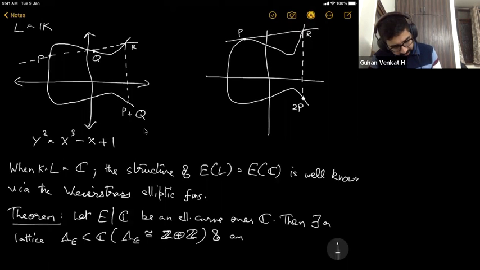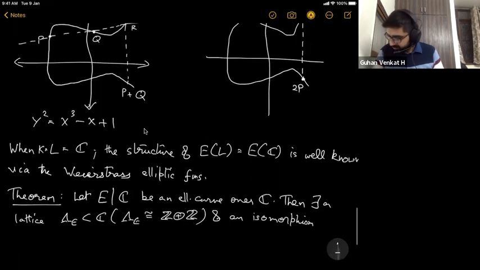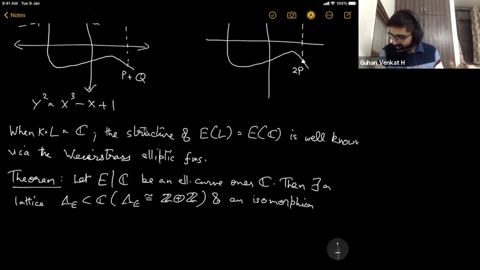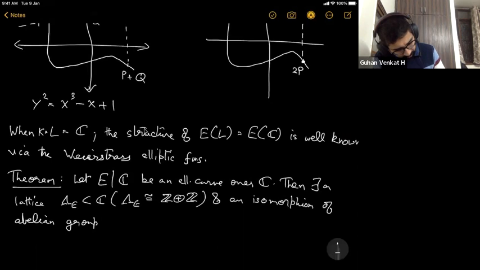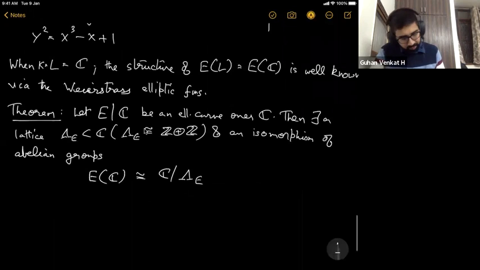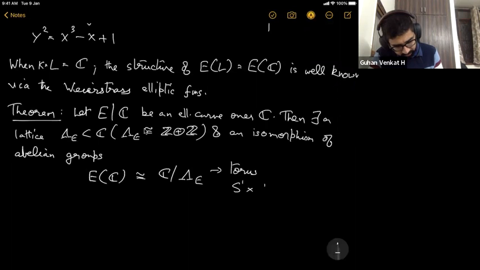And there is an isomorphism, it's also at the level of Riemann surfaces, but we're talking about the group law on an elliptic curve, so there is an isomorphism of abelian groups: the group of complex points on the elliptic curve is isomorphic to C mod Lambda E. So C mod Lambda E is a torus. You can think of it as S1 cross S1. And then the isomorphism is given as follows.